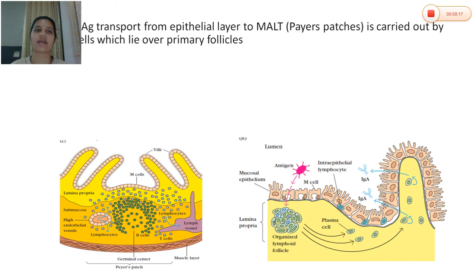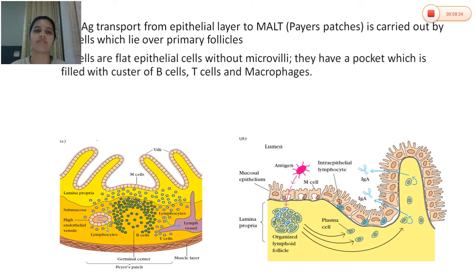When the antigen is transported from the epithelial layer into the mucosa, the antigen transport is carried out by M cells. What are M cells? M cells are flat epithelial cells without microvilli. They have a pocket which is filled with a cluster of B cells, T cells and macrophages.